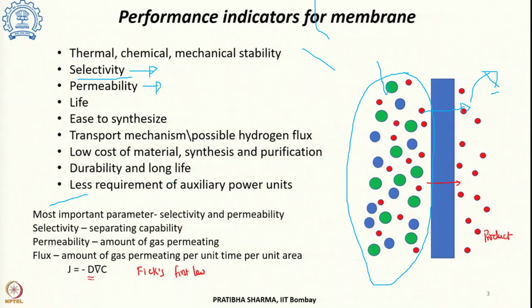Flux is also a kind of quantitative analysis of permeability: the amount of gas permeating per unit time per unit area, meaning how much quantity of hydrogen is transferring from one side to the other side.